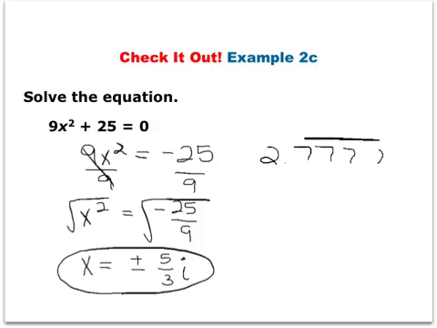I didn't want to have to worry about the square root of that, so I left it as 25 over 9. That allowed me to take the square root of 25, which is 5, and 9, which is 3, and gave me a nice, neat, easy number. To check, 5 divided by 3 is going to be the same as the square root of 2.7777 repeating.